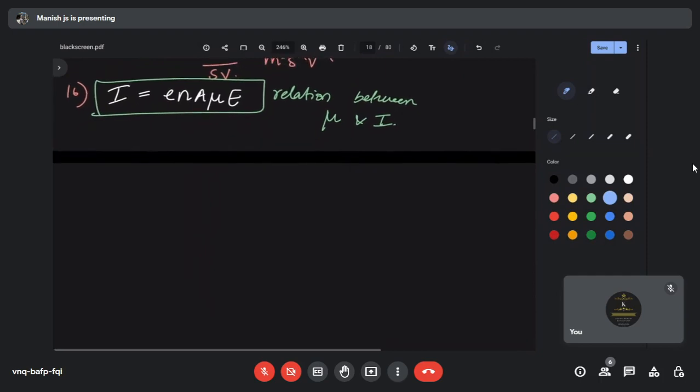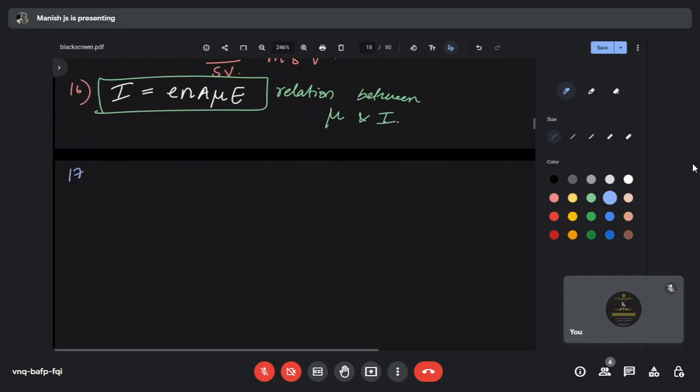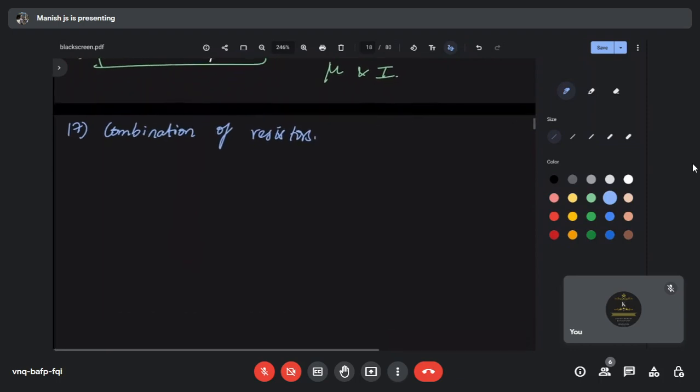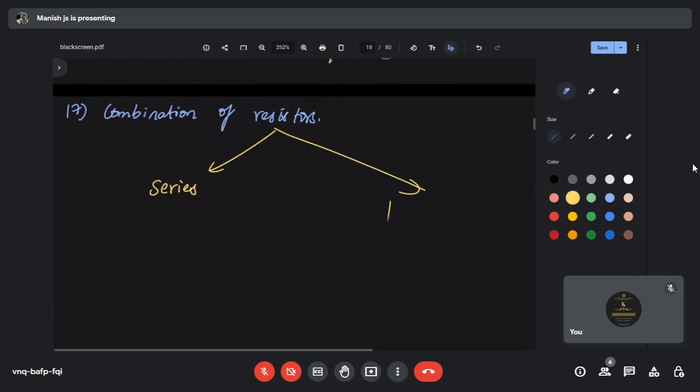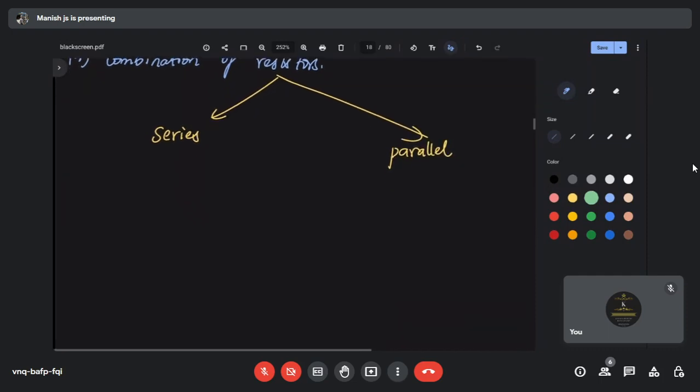And then the combination of resistors. Resistors have two different combinations. What are they? Series and parallel.